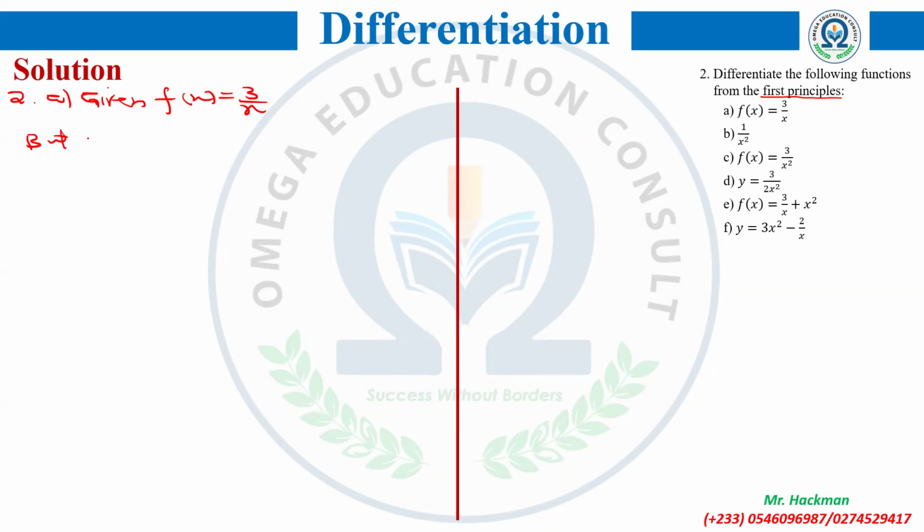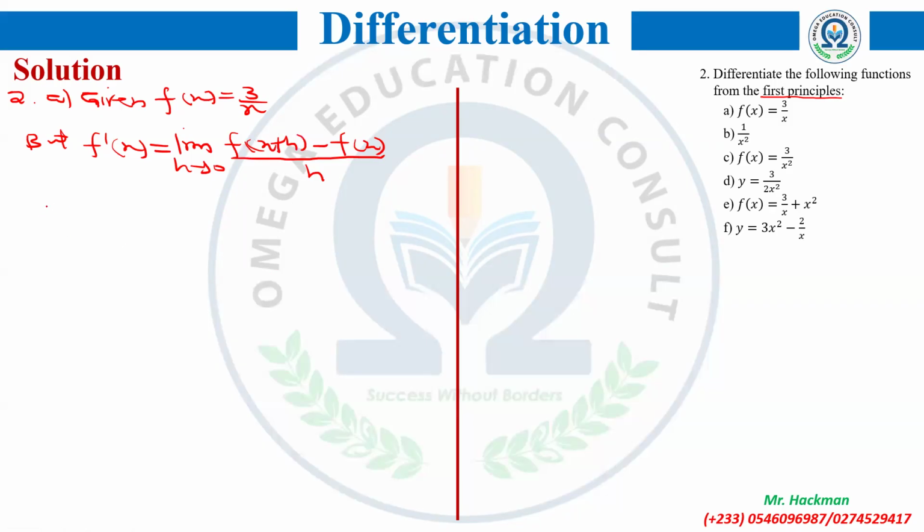My f prime of x, because I was given f of x, will be equal to the limit as h approaches 0 of f of x plus h minus f of x, all over h. Take note. We need our f of x, which thankfully is given. Once we know f of x, we can find f of x plus h.